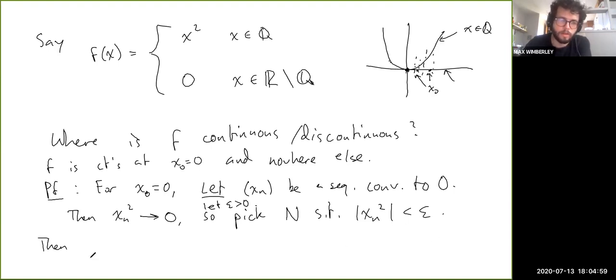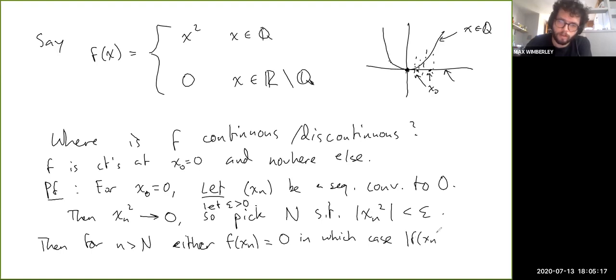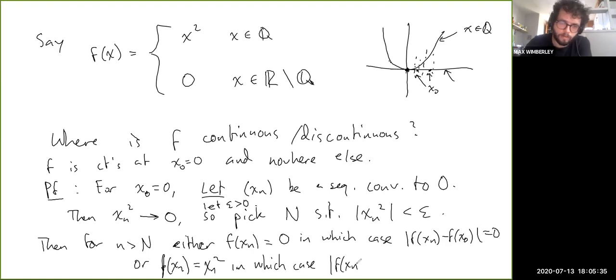Then for n greater than capital N, either f of xn equals 0, in which case the absolute value of f of xn minus f of x naught is 0, or f of xn equals xn squared, in which case the absolute value of f of xn minus f of x naught equals xn squared, which is less than epsilon.